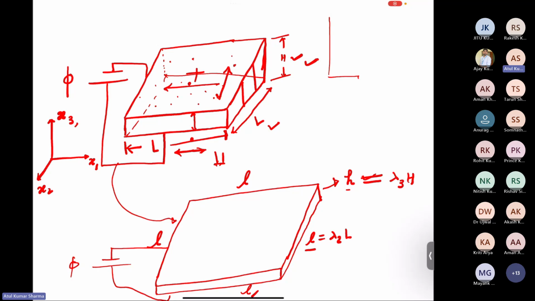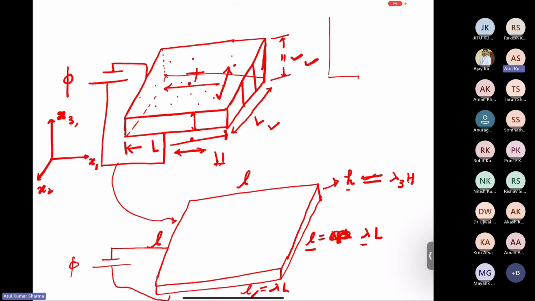So I'm writing small l is equal to lambda times capital L, and this other l will also be lambda times capital L. This is one assumption I have taken, that our geometry is symmetric in the x1 and x2 directions.